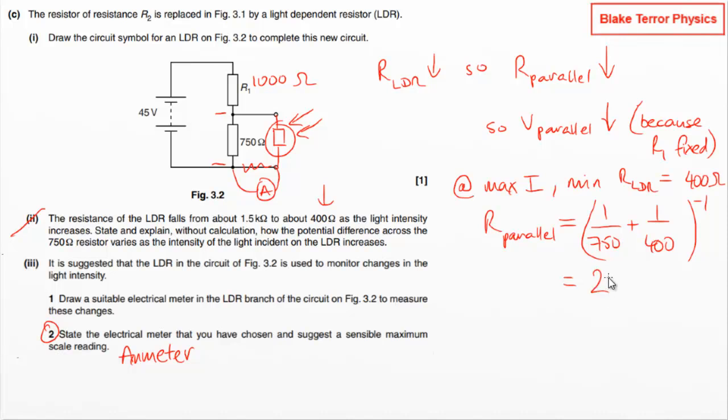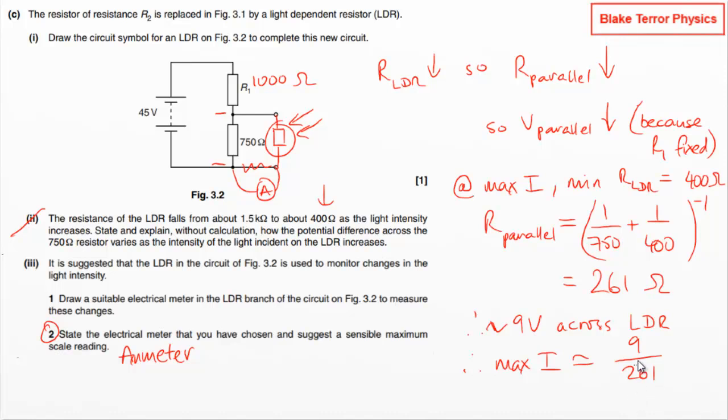So that comes out at 261 ohms, around about a quarter of the other resistor. Therefore, we're going to have around about 9 volts across the LDR when we get to that level. So our maximum current is going to be roughly equal to that voltage divided by the 261.